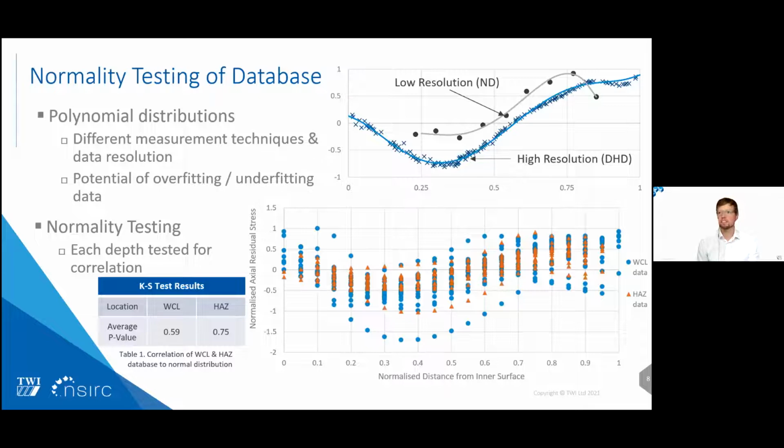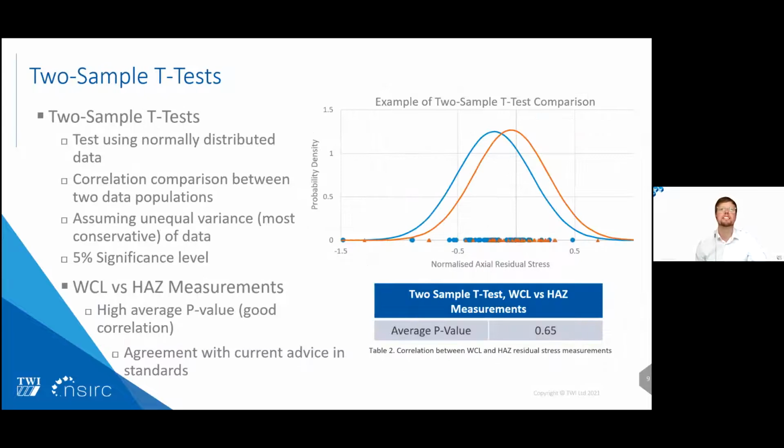So here I've shown that the weld centerline data and the heat affected zone data are both normally distributed, quite a strong correlation there, and because of that we can go on to further statistical tests using two-sample t-tests. This is just an example of what that looks like. These are two normal distributions, one for each of the data sets, and the correlation is how well they overlap with each other. The more overlap means they're better correlated and can be considered from the same data pool.